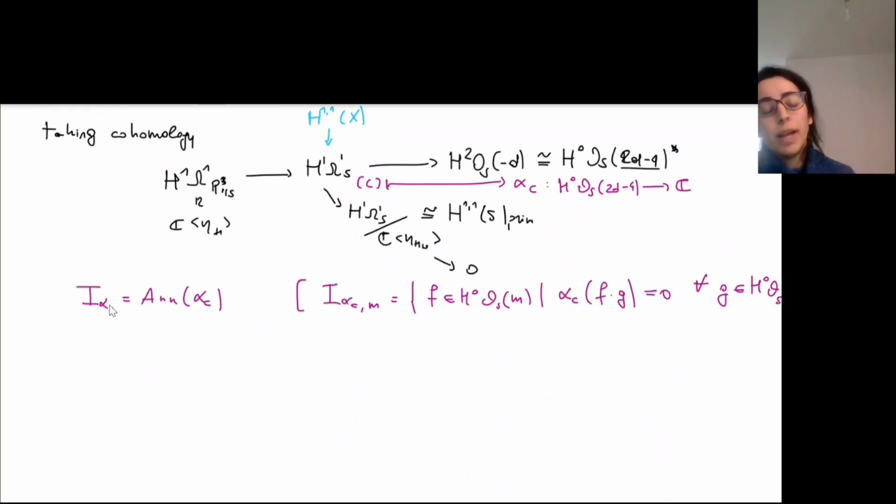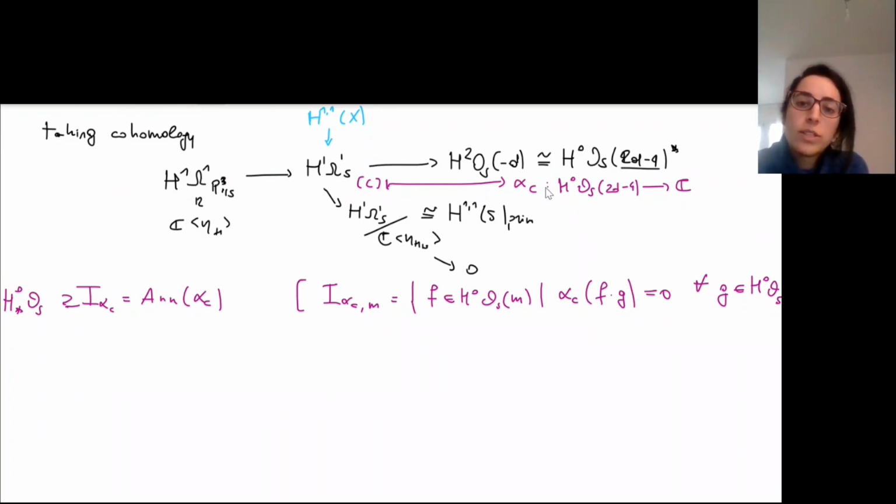the ideal inside, as we define, H0 degree by degree of OS, containing, and we will see that it contains the Jacobian, so it's exactly, if we mod out, the same ideal as before, and it's exactly the ideal we're looking for to attach to our C, to our class.